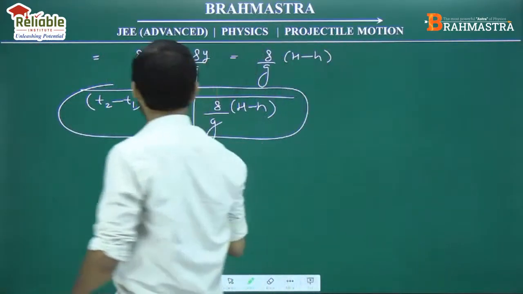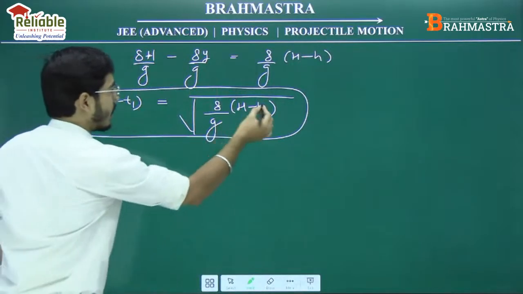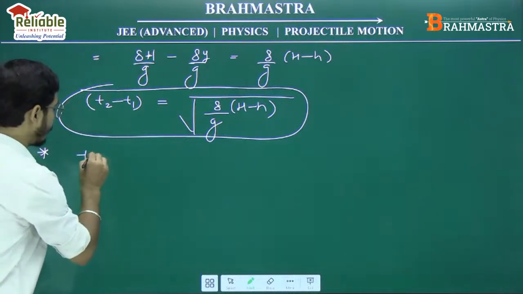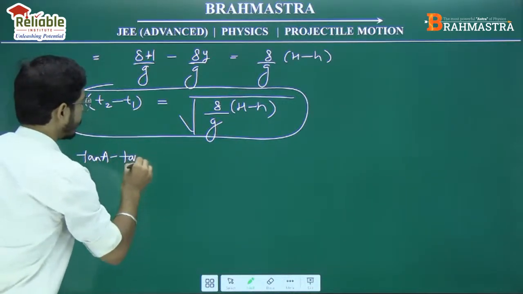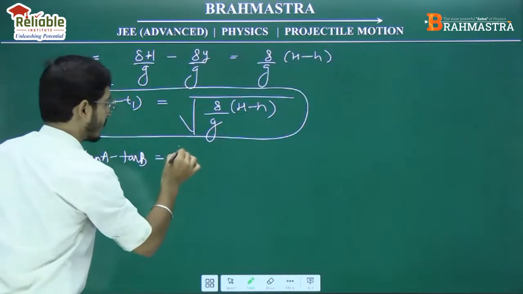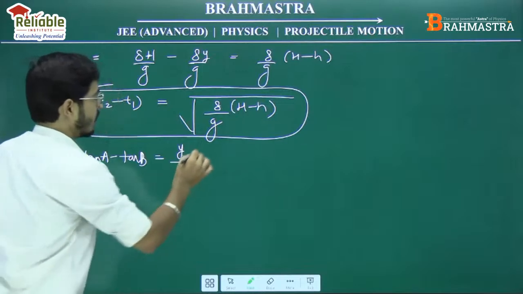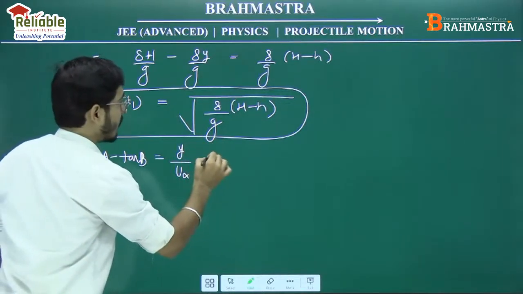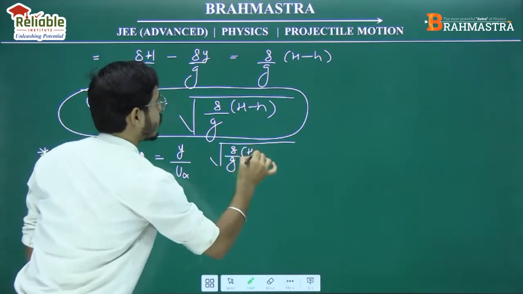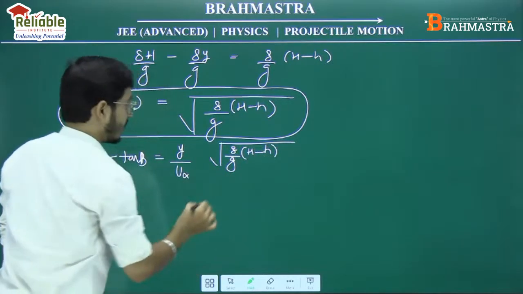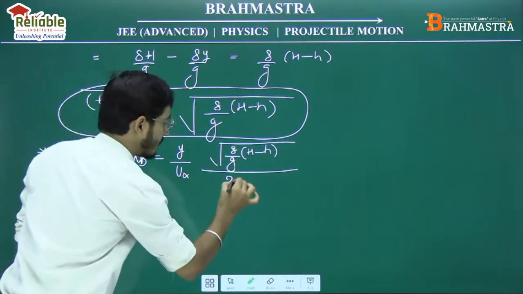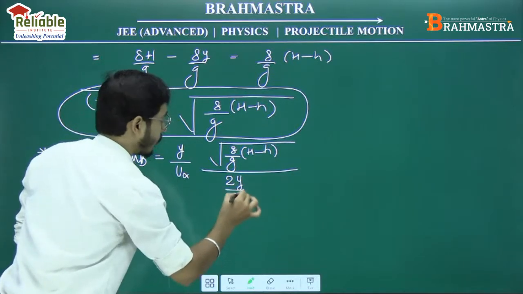Okay, t2 minus t1 is equal to root of 8 over g into H minus h. Then let's write the expression for 10a minus 10b, which is y over ux into t2 minus t1, and for t2 minus t1, the expression is 8 over g into H minus h, divided by t1 into t2, and t1 into t2 is basically 2y over g.